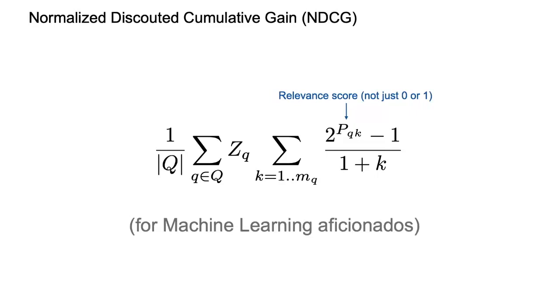And in that case, this could be considered, just like in the SMART notation, an alternate way of computing MAP. Instead of PQK, you have 2 to the power of QK minus 1 divided by 1 plus K. Why? Because there is a whole paper explaining that if you use machine learning and solve it and do maybe some stochastic gradient descent, I'm just making that up, then you end up with this. Then that gives you a motivation for using a formula off the shelf.